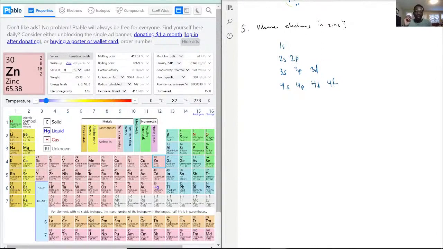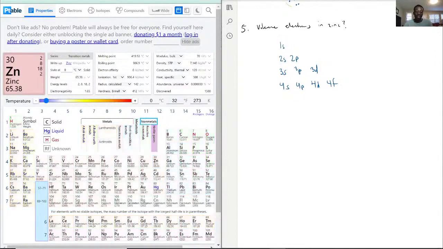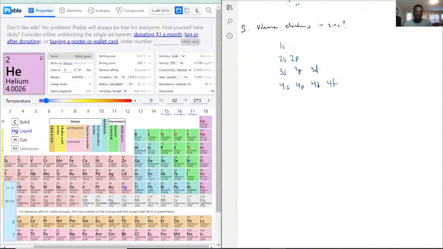What I like to do, especially if you're having a hard time with electron configuration, is count through. The s subshell can only fit 2 electrons, so that'll be the first and second elements in your row of the periodic table. In this case, it would be hydrogen and helium. That'll be 1 and 2.